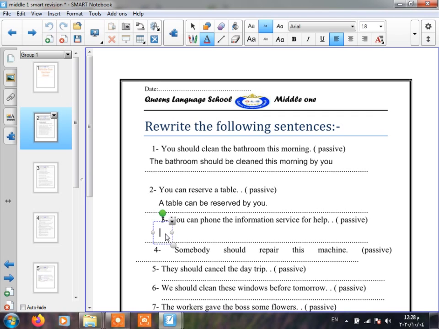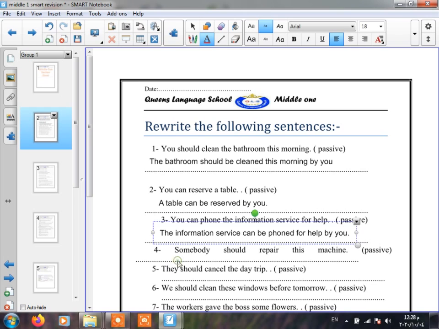So I have to start my sentence with the object. Good job. So the information service can be phoned for help by you.